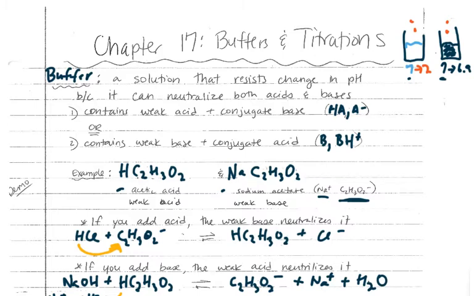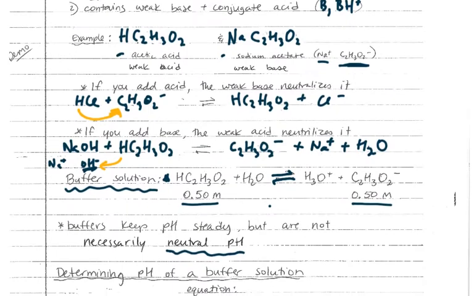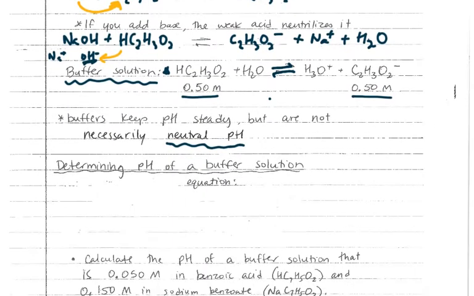If you are running a reaction and your enzyme works best at a pH of 2, then you would want a buffer that holds the pH steady at a pH of 2. So buffers can be created at any pH, and the key is that they keep that pH steady. It's not that they keep the pH neutral, it's that they keep the pH steady at whatever the pH is.